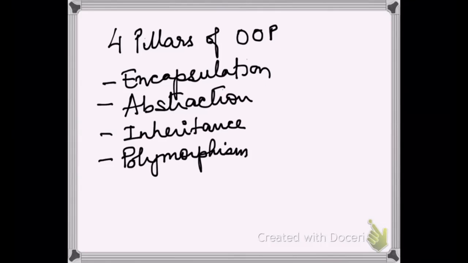So when we talk about objects and classes, we are going to look at two things: encapsulation and abstraction. So let us start with what we mean by a class and an object.